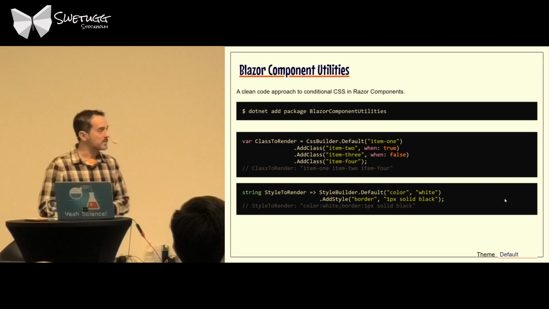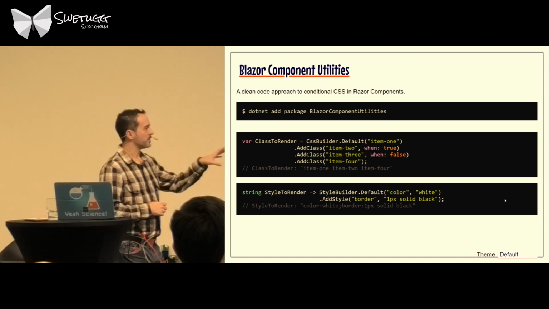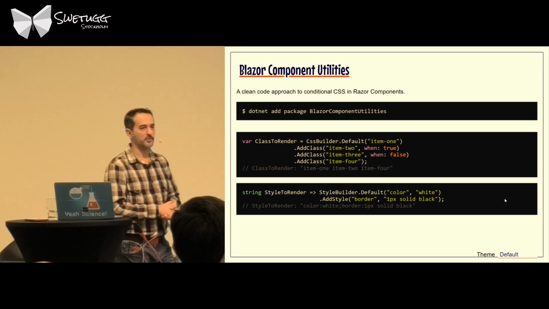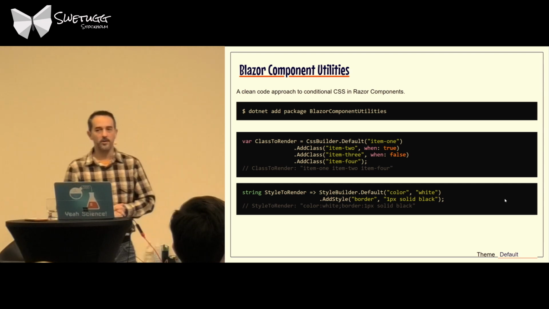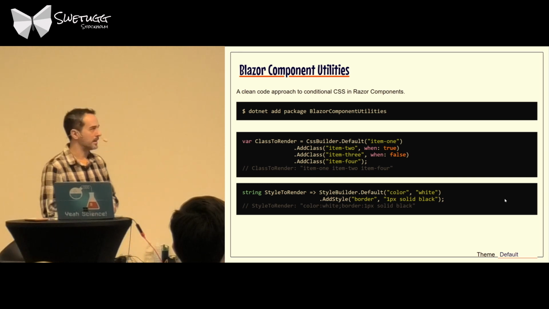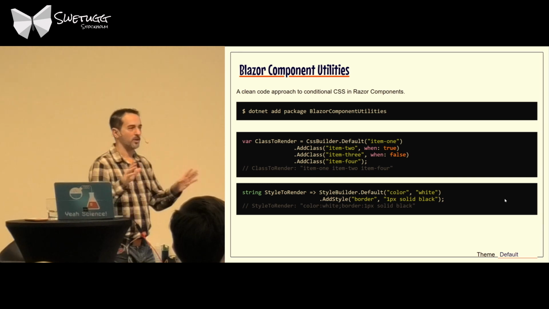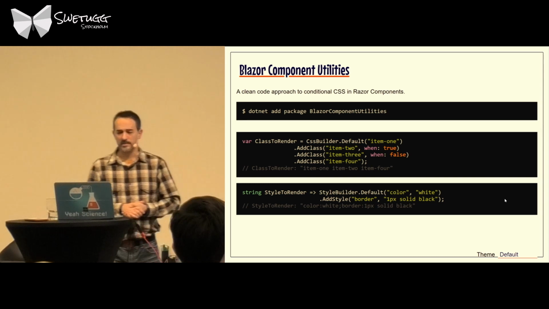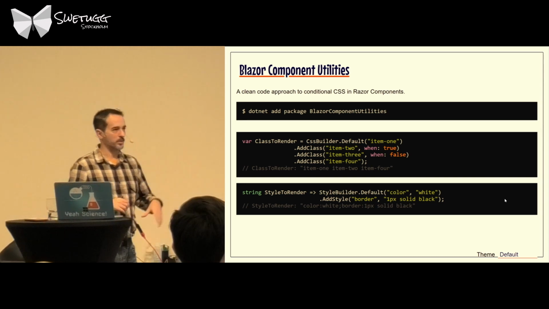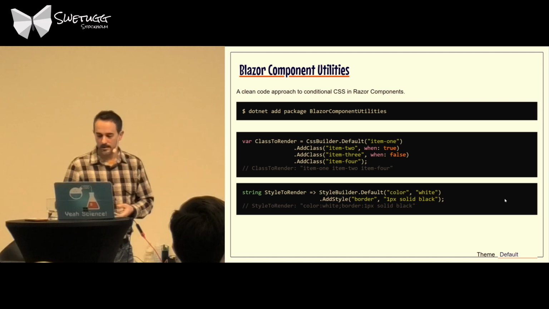The difference between Style Builder and Class Builder is Style Builder will add the right delimiters for you. So you don't have to worry about a missing colon or semicolon and doing this all with string interpolation or something like that. It does that all behind the scenes for you, and it's written in a lightweight way using structs, so it's not going to make your components heavy or anything like that.